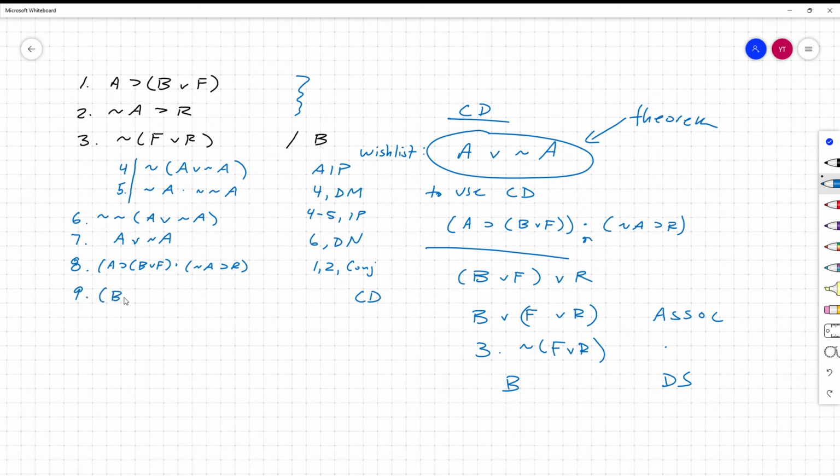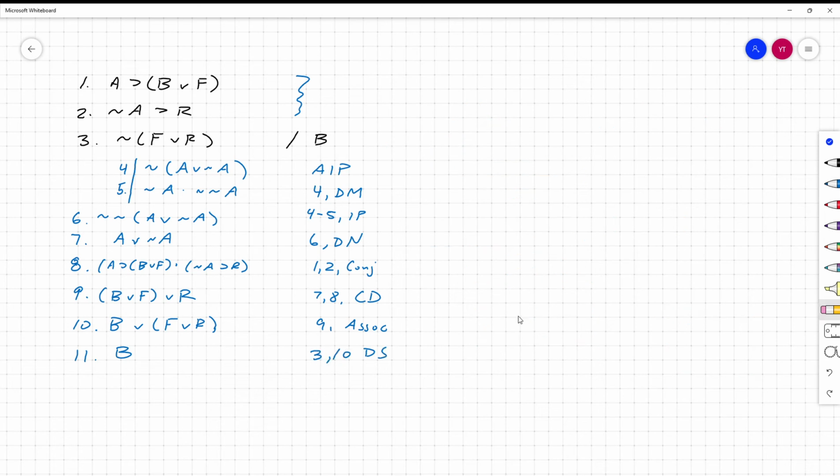That gives us B or F or R, 7, 8 CD, and we roll, and then we continue with the proof as we hoped for. B or F or R using association, and then that allows us to derive B using DS on lines 3 and 10. The basics of this strategy are straightforward.